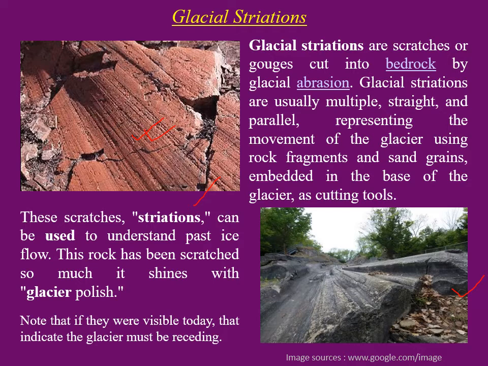But due to temperature increase, this area has now become bare. That means there was recession of the glacial ice mass due to climatic changes. So if these striations are visible today, that indicates there must have been glacial activity in some ancient time, and due to climatic changes they are now exposed in front of you.